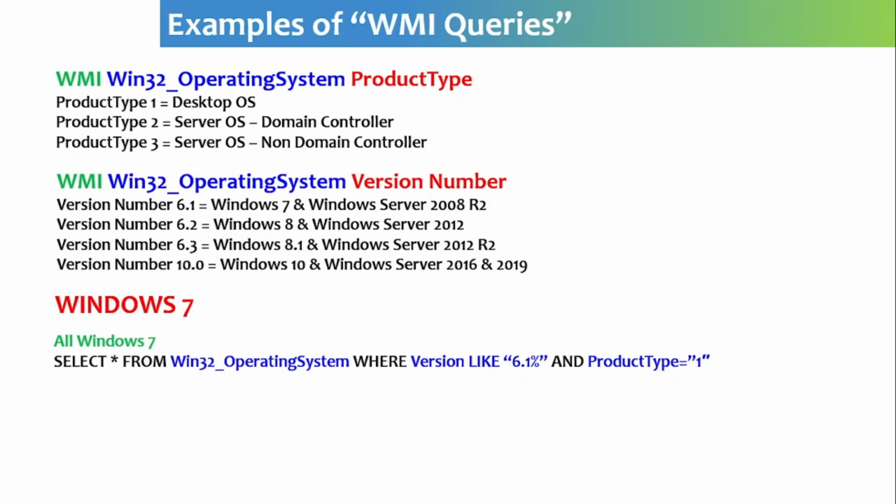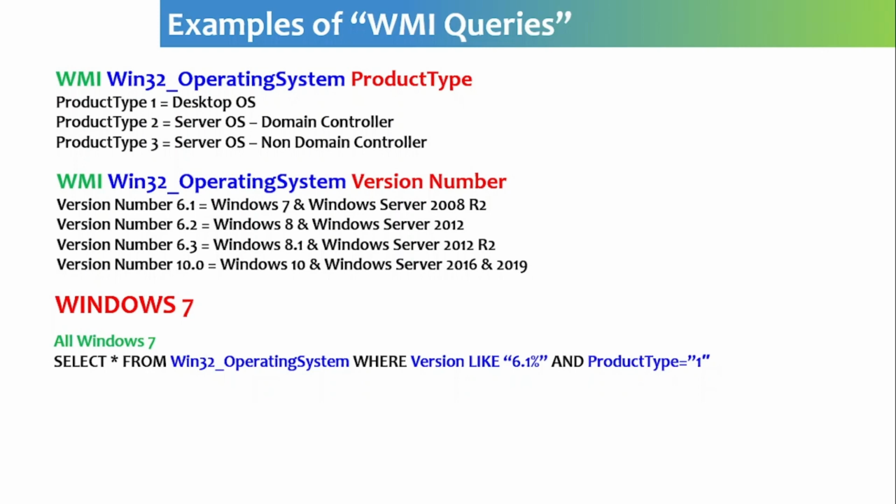If you see at the top, version 6.1 is for Windows 7 and Windows Server 2008 R2. But we are adding an AND operator at the end, and ProductType = 1. Product type 1 is for the desktop operating system. So if we write this query, it will only pick up all Windows 7 machines. It will not pick up Windows Server 2008 R2 machines. Even though the version number is 6.1, it will only pick up Windows 7 machines.